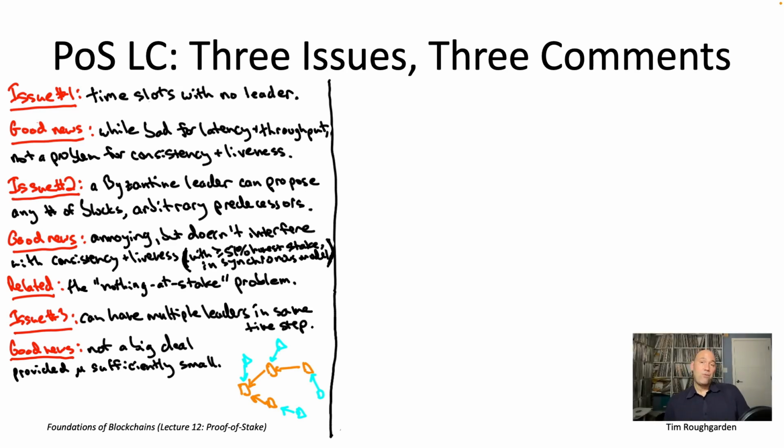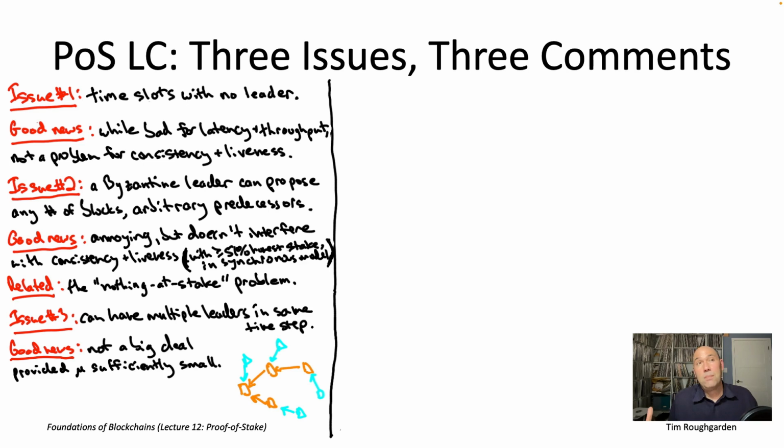Now what we have going for us is that we're setting the difficulty parameter mu to be pretty small, which means it's going to be quite infrequent that we have a time slot with more than one honest leader. So it just won't be that often that any honest node's contribution winds up getting canceled out by some other honest node. So there will be some cancellation, there will be some wasted work, but it's basically the same as a small, modest reduction in the fraction of stake that is controlled by honest nodes.